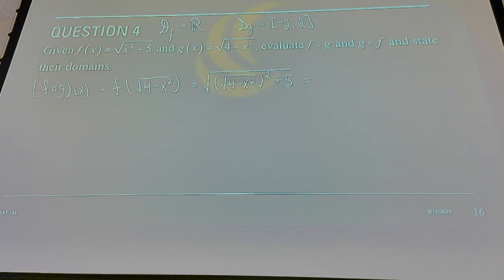Well, the square root of 4 minus x squared, squared, is negative x squared plus 9. Right? Negative x squared plus 9, or 9 minus x squared, same thing. Just leave it like that, because that can't be simplified any further, right?